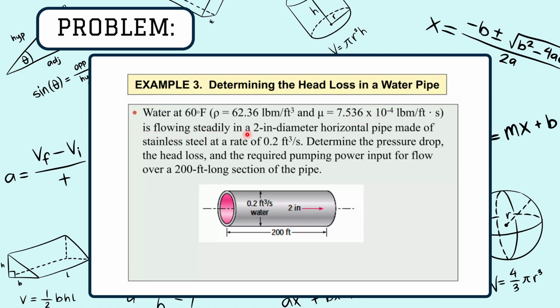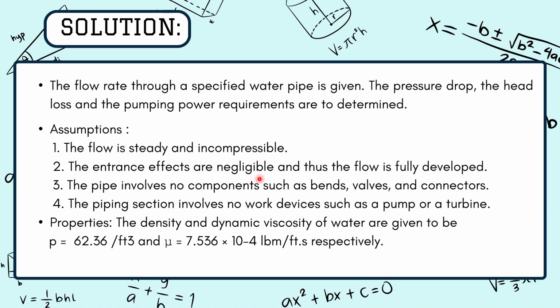It's flowing steadily in a 2-inch diameter horizontal pipe made of stainless steel at a rate of 0.2 cubic feet per second. Determine the pressure drop, the head loss, and the required pumping power input for flow over a 200 feet long section of the pipe.